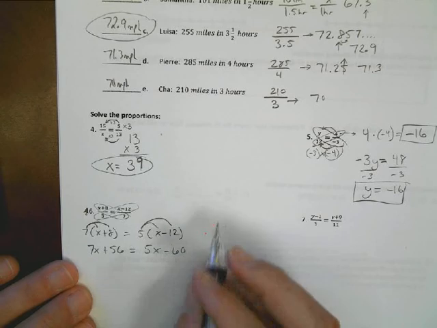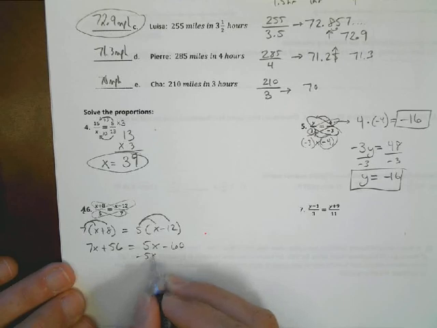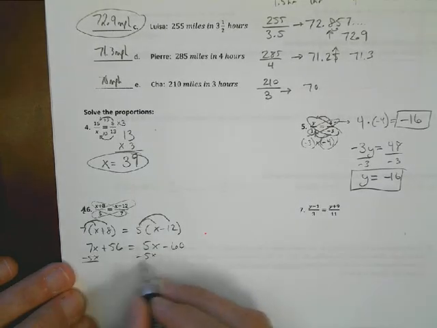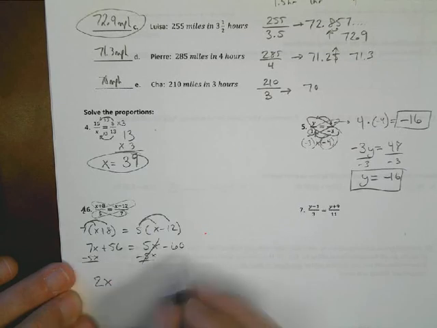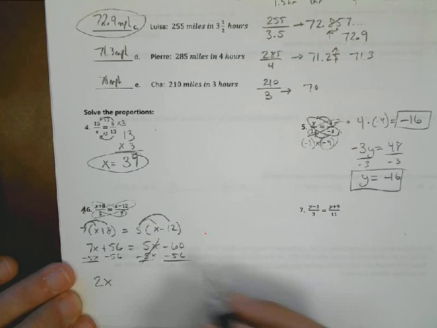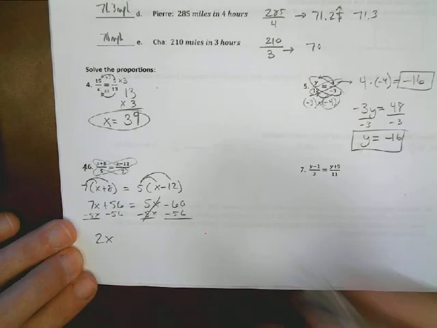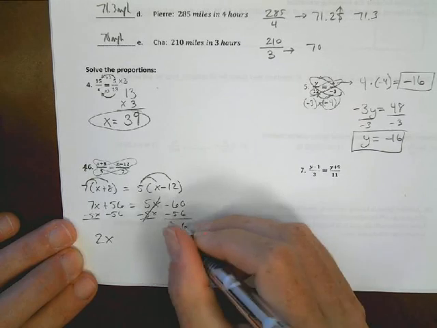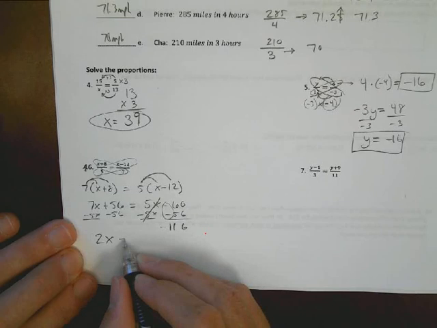The next step will be to combine like terms. So I'm going to subtract 5x from here, so that goes away. So I have a 2x on this side. And let's move the whole number over there. Let's subtract 56, subtract 56. Because these signs are the same, I find the sum, which is 6 and 11, and I keep the sign the same, negative 116.